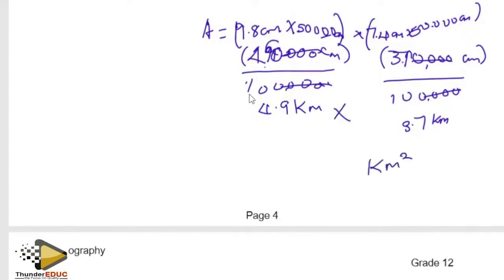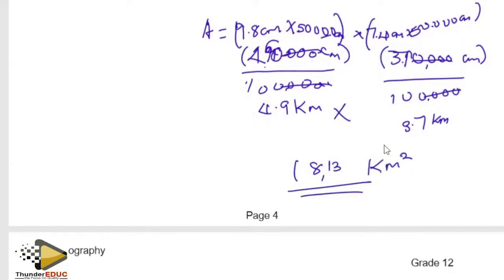Now 3.7 times 4.9, what do you get? You get 18.13. So this answer you get is in kilometer squared. This is the area if you are using kilometer.